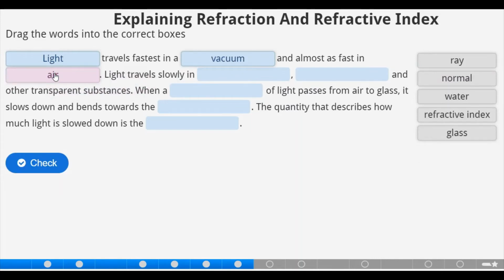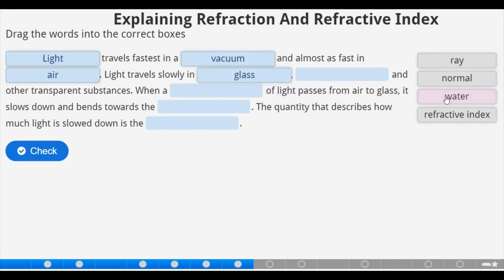Light travels slowly in glass, water, and other transparent substances.